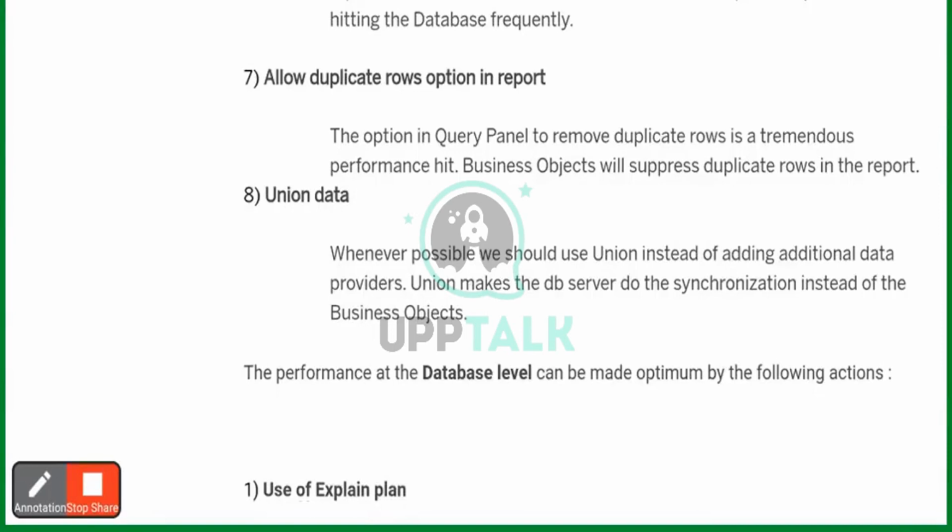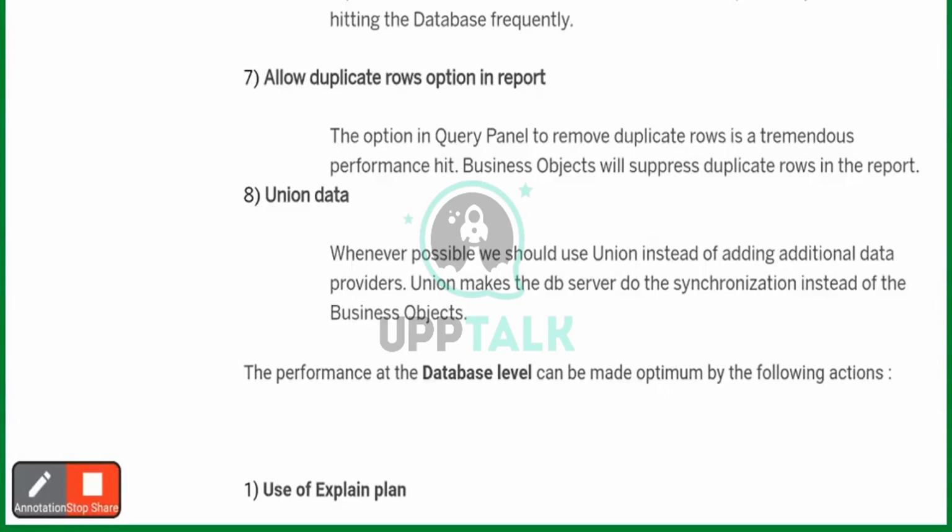If you click on remove duplicate rows, it will greatly reduce the performance, because it has to check whether there are any duplicate rows and suppress them. If you want to improve the performance, we can uncheck that option and take the report.